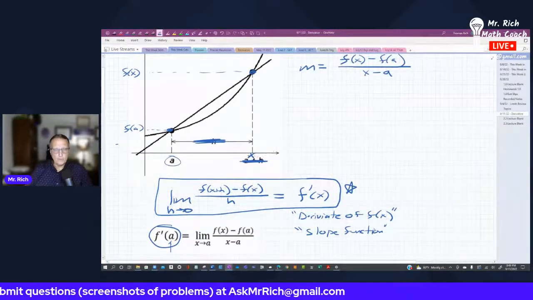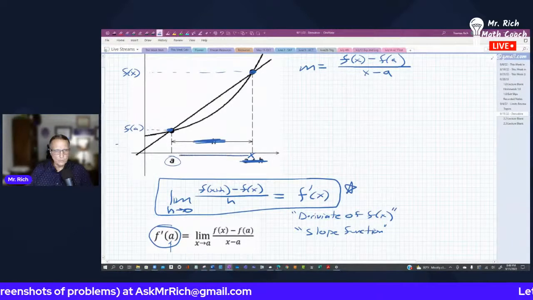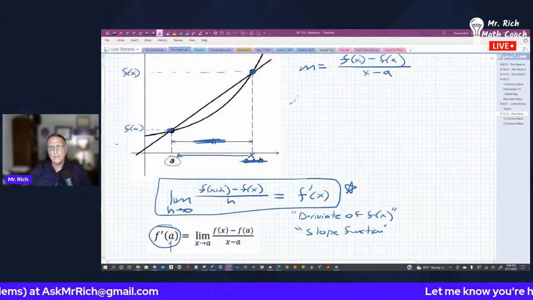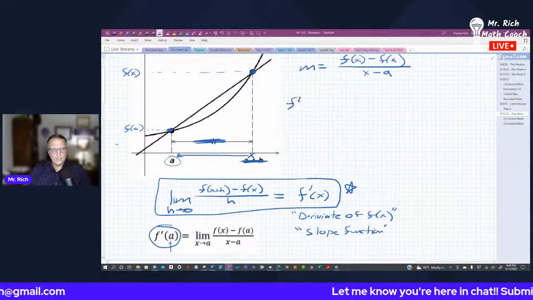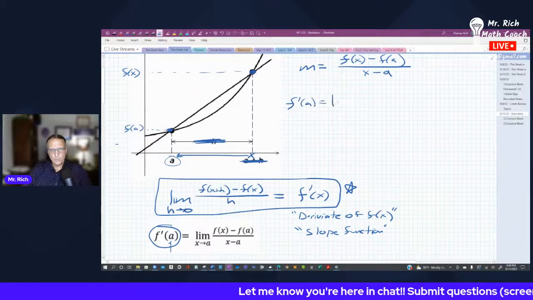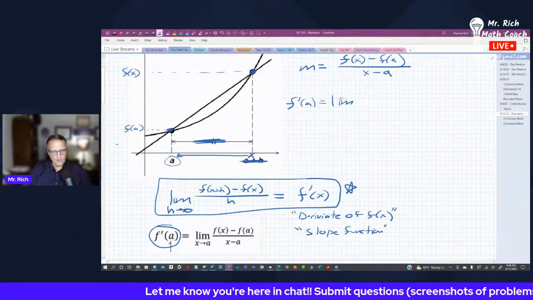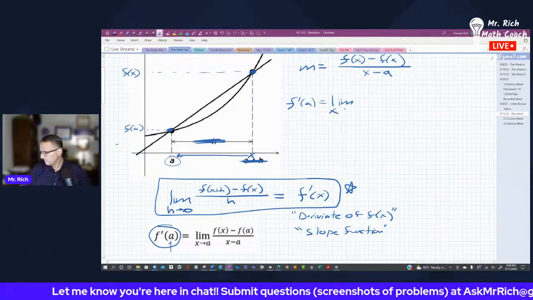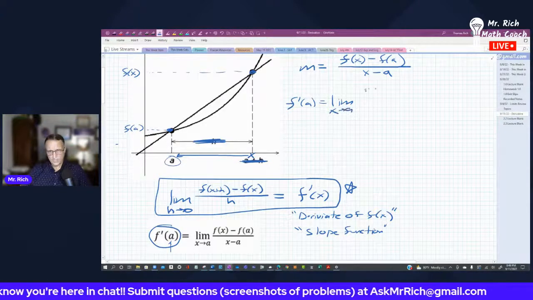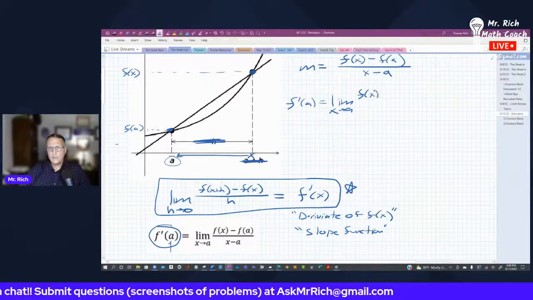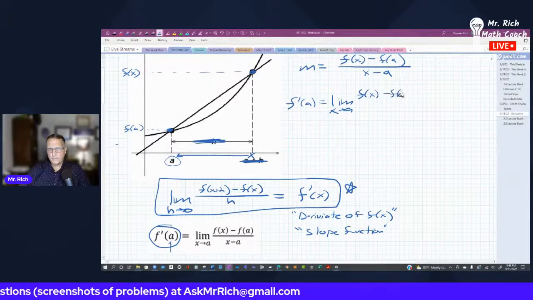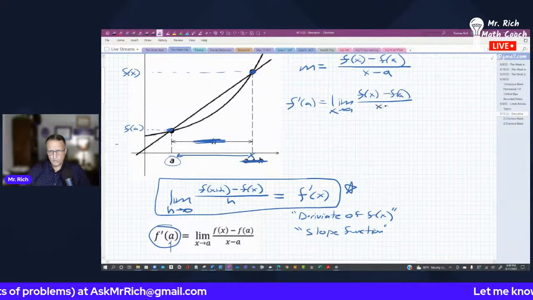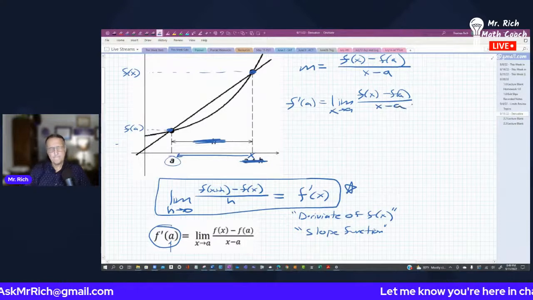So I'm going to pull this x towards the a and let it approach a. So basically f prime of a would be the limit. I'm just rewriting what I have there. The limit as x approaches a of f of x minus f of a, all over x minus a, like that.